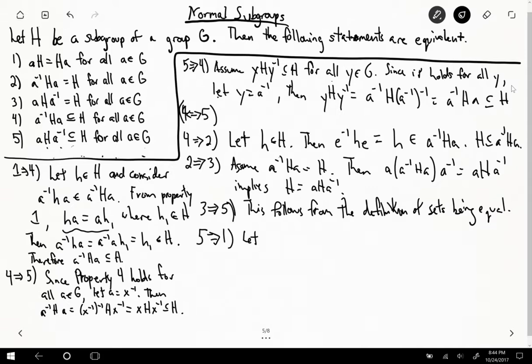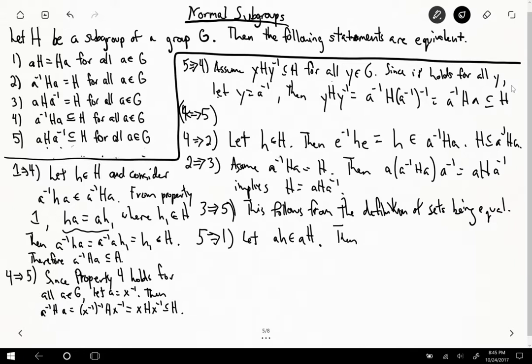So let A times H be an element of AH. We want to show that AH is also contained in HA.